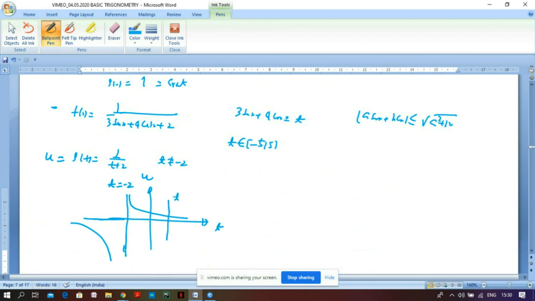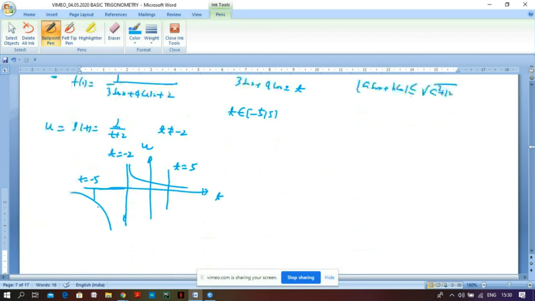So t equal to 5 is here, t equal to minus 5 is here. At minus 5, this height has to be 1 upon minus 3. At 5, this is 1 over 7. It is plus infinity, negative infinity, plus infinity.